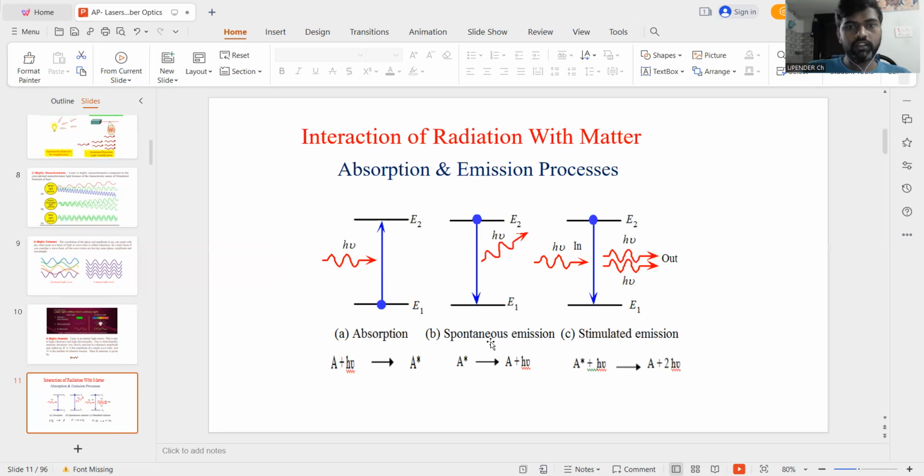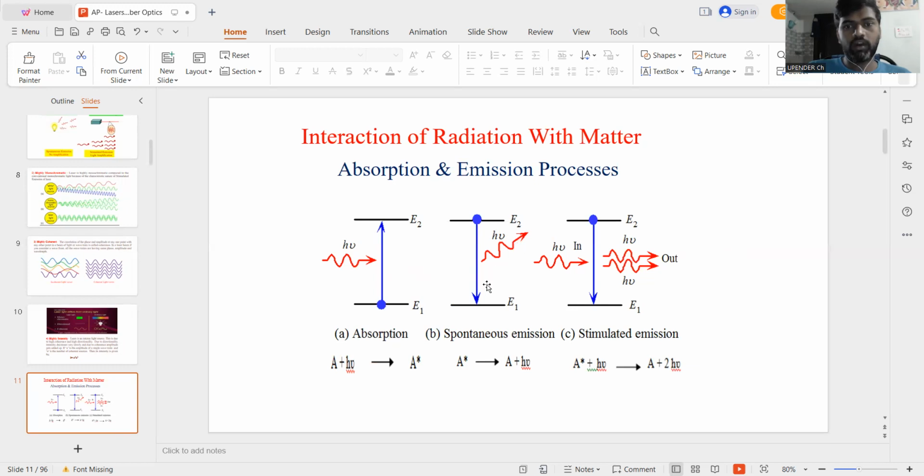And then next, the spontaneous emission process. In the case of spontaneous emission, the atoms in the excited state will not stay there forever. There is a lifetime for the excited state, and after that lifetime it will come back to the ground state or lower energy state by releasing the absorbed photon energy.